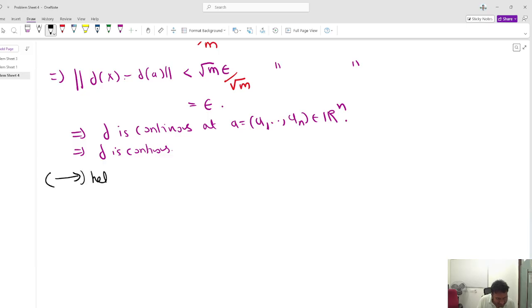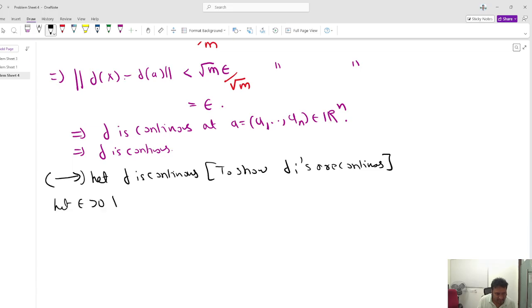So let f be continuous. To show: the fi's are continuous. So let epsilon bigger than 0 be arbitrary. I'm not writing what you have to show, now you know, right? So since f is continuous, what will happen, guys?